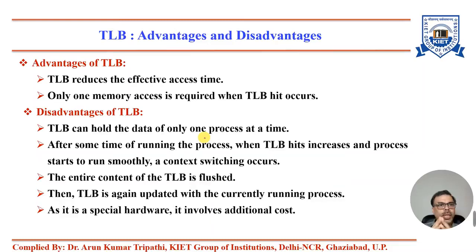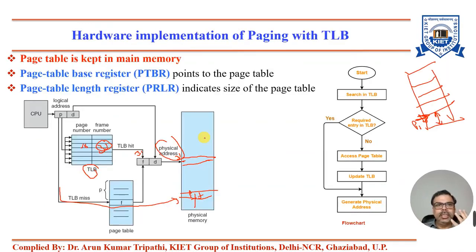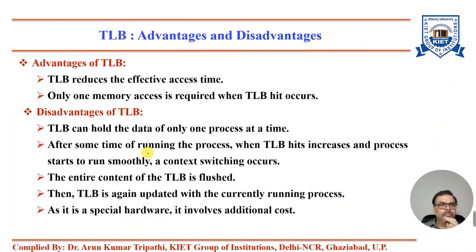Advantage of the TLB: it reduces the effective access time because cache memory is much faster than RAM or secondary memory. Only one memory access is required when a TLB hit occurs. Once the hit occurs, the data is found in the TLB, so the next step is to search for the frame, because the page to frame mapping is there.